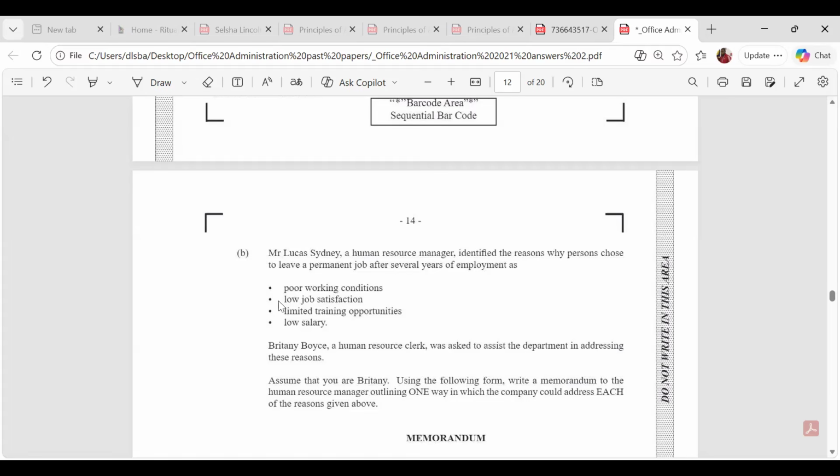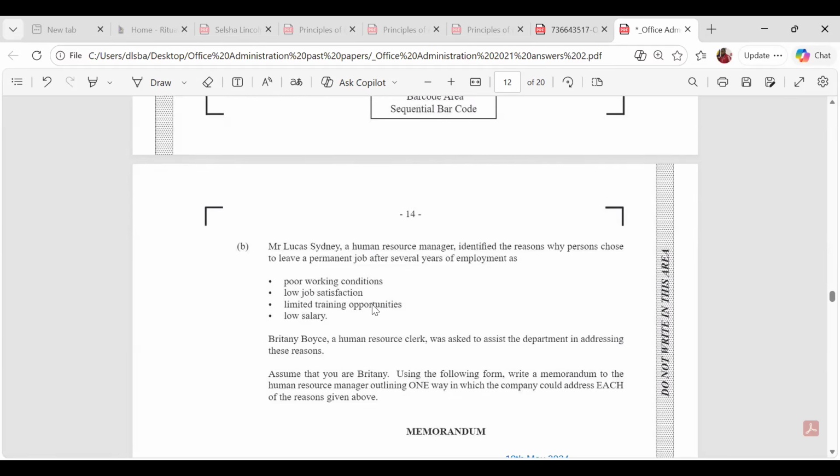Brittany Boyce, a human resource clerk, was asked to assist the department with addressing these reasons. Assume you are Brittany. Using the following form, write a memorandum to the human resource manager outlining one way in which the company could address each of these reasons.